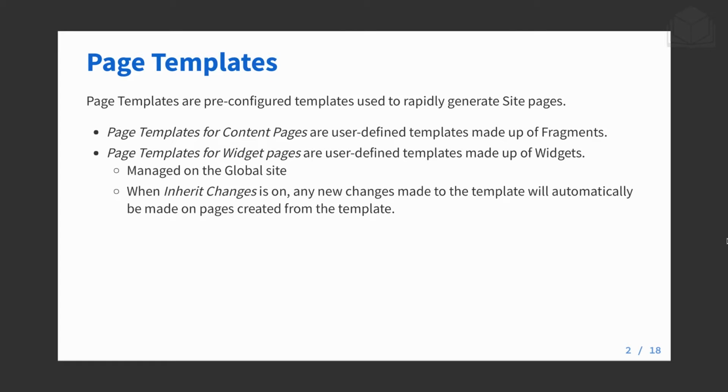Content page templates are templates that have fragments on them. For example, if we wanted to have a landing page template using our page fragments, we can create what's called a content page template for that. We can add the fragments to the page, reuse it whenever necessary, and just edit the fragments as needed. It's a nice and fast way to build templates using the fragments.